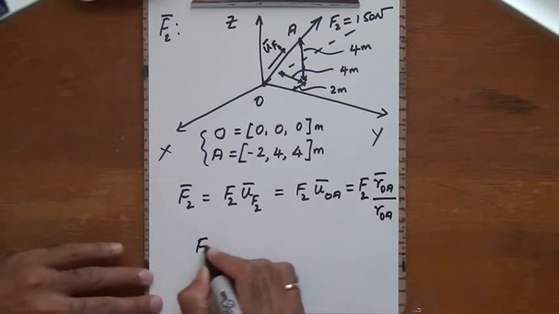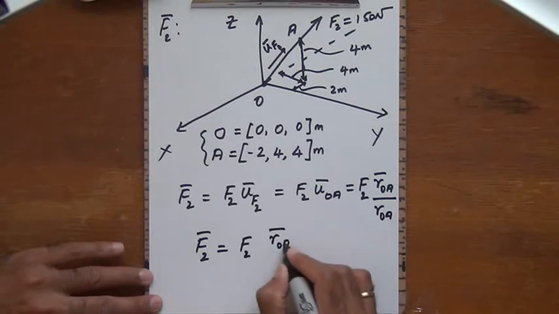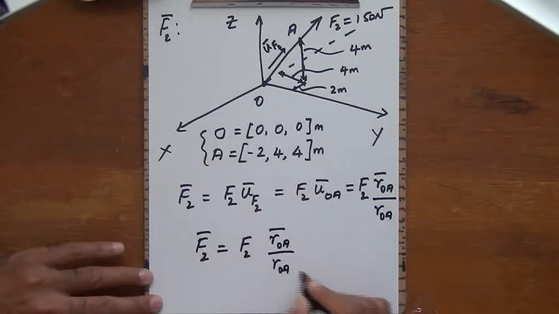So moral of the story, F2 is magnitude times the position vector by the magnitude of the position vector.